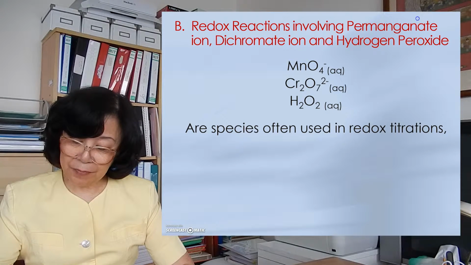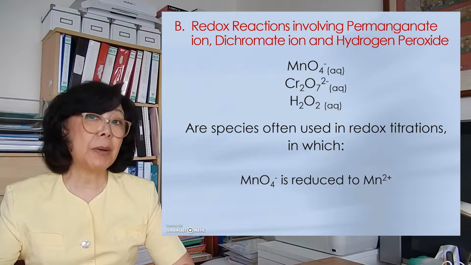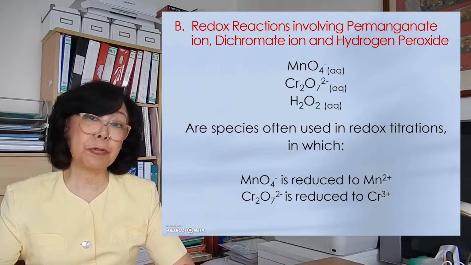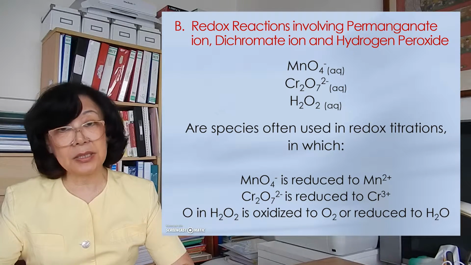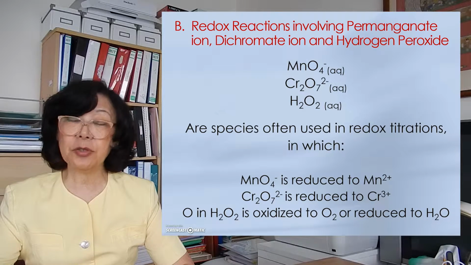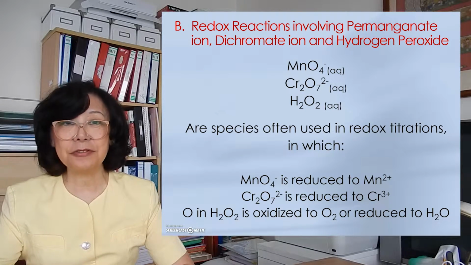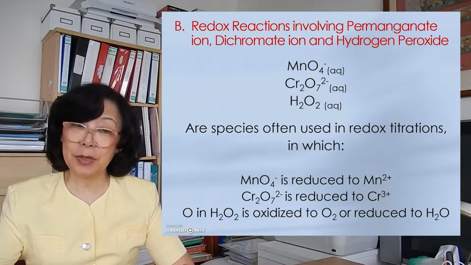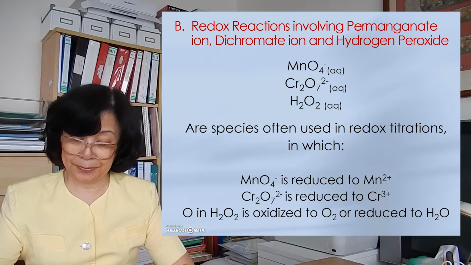Now, in redox reactions, permanganate ion is reduced to Mn2+, dichromate ion is reduced to Cr3+, and the O in hydrogen peroxide is oxidized to oxygen and also reduced to water. And you don't really need to remember the products because usually they are given in an equation.